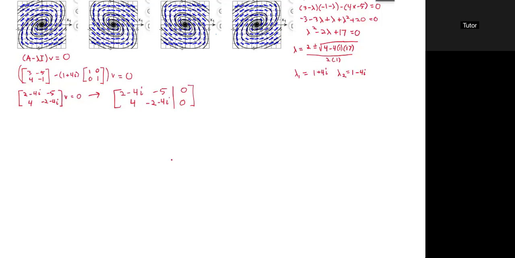So now we're going to be performing a row reduction on this matrix. So the first step to do is to divide row 1 by 2 minus 4i.